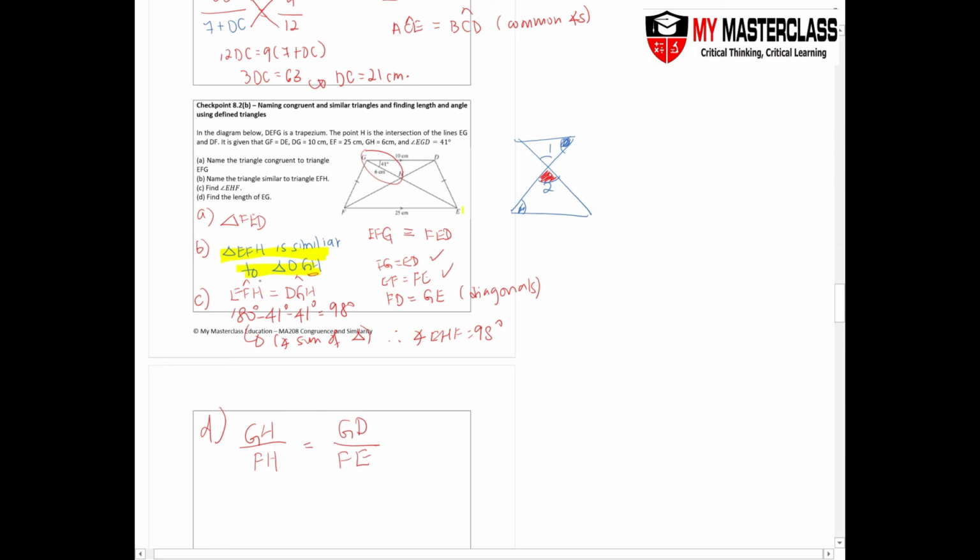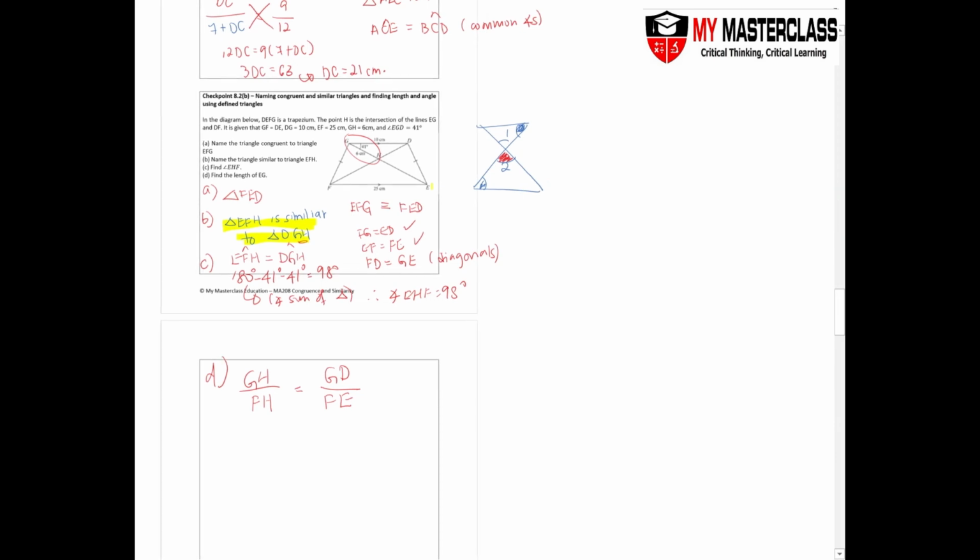So sub in your values: 6 over FH equals GD, which is 10, over FE, which is 25. Cross multiply. Sorry, I want this to be EH actually, shouldn't be FH.